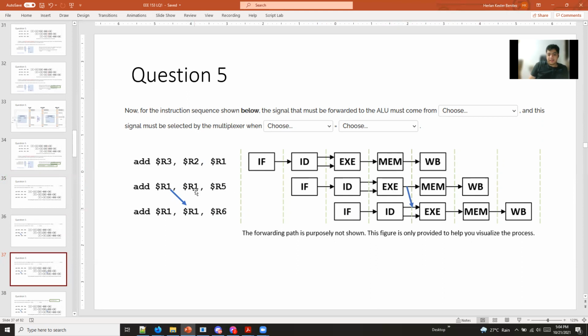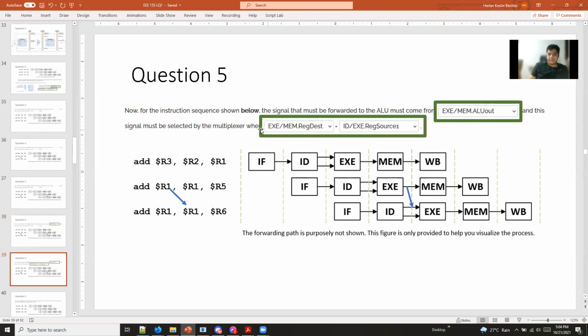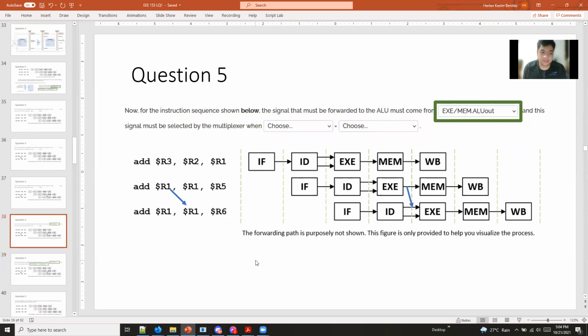But in this case, since they are consecutive, we take it from between exe and mem. So, between exe and mem, the ALU out. We select this when the exe mem destination is equal to the ID exe source. So exe mem destination, ID exe source.